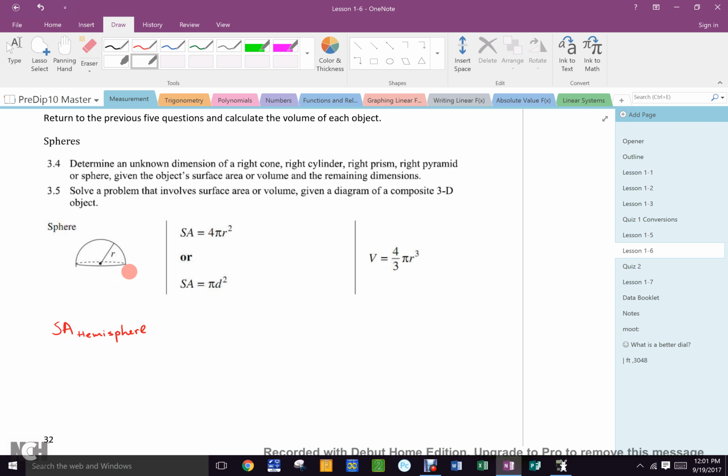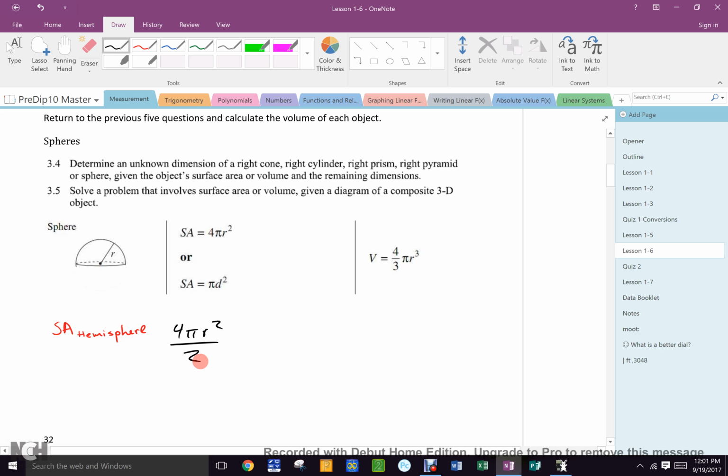Yeah. So, when I ask most classes, what's a hemisphere? One person in the class at least says, well, it's half a sphere. Okay, so what's the formula for the surface area of a hemisphere? And they all go, okay, well, it's 4 pi r squared divided by 2. Right?